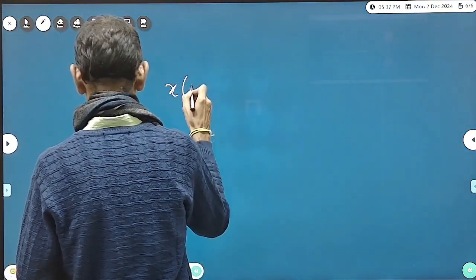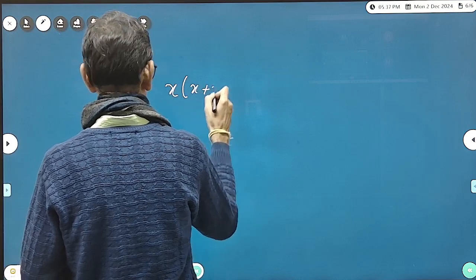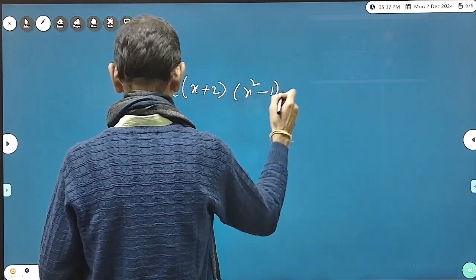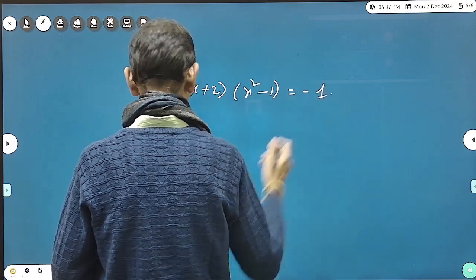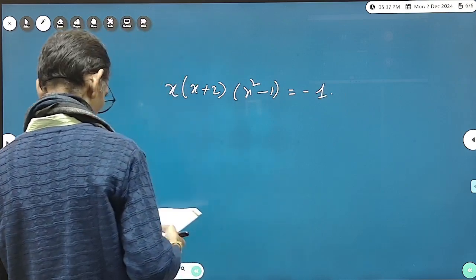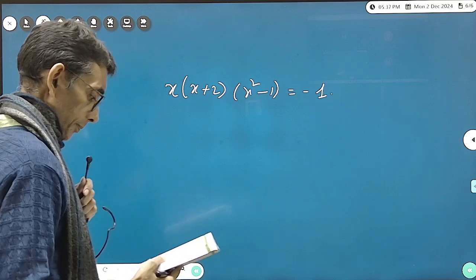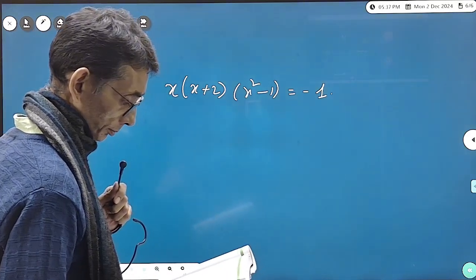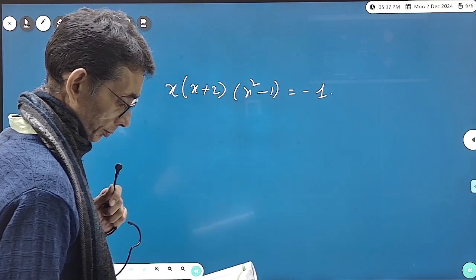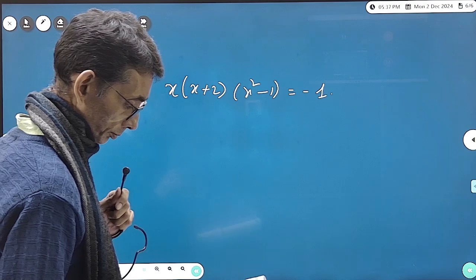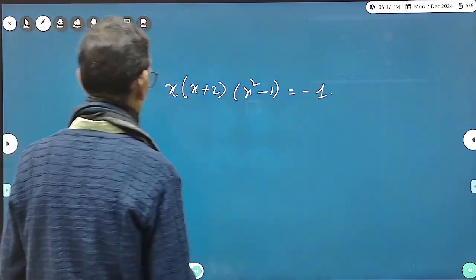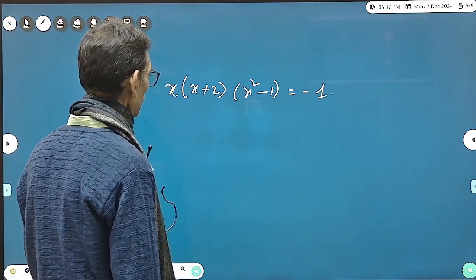x plus 2, x square minus 1 is equal to minus 1. So you need to solve this. That means the product of how many terms are there?